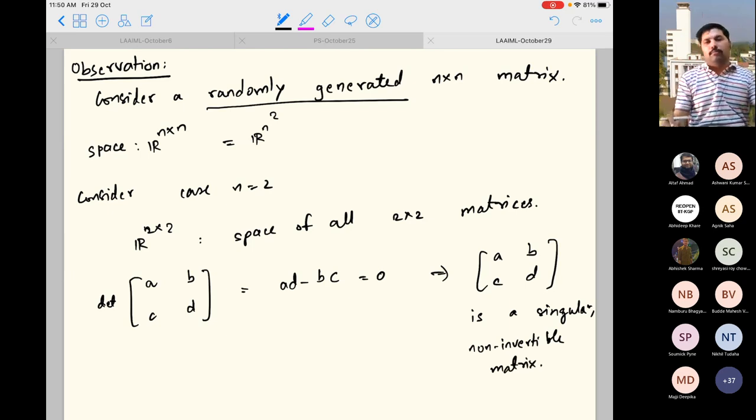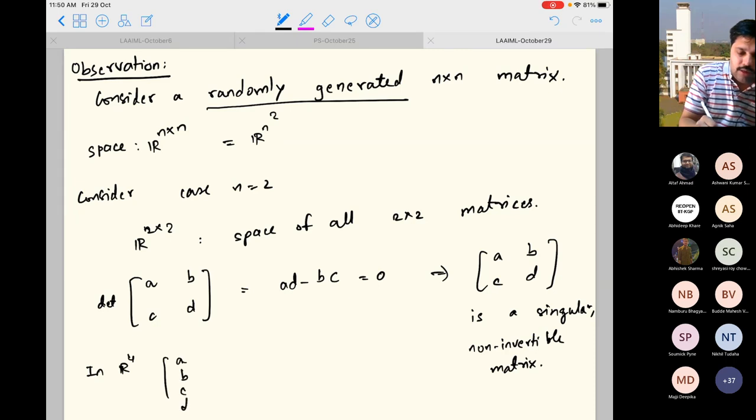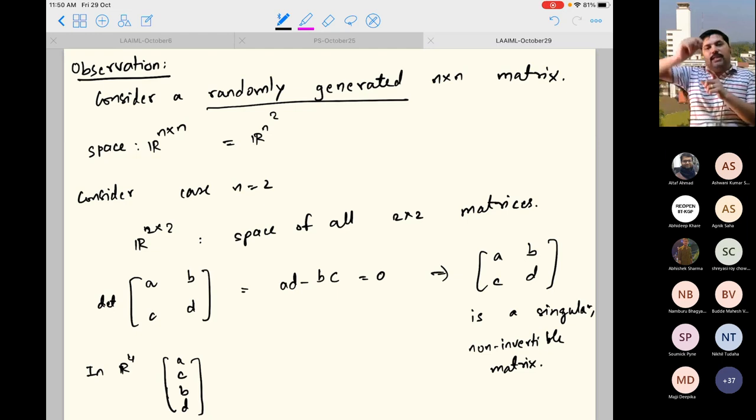Is that okay? So now in R^4, suppose you look at the vector A, B, C, D, or better still, if you put the columns one below the other, A, C, B, D. So you convert this matrix into a four-dimensional vector, ACBD.